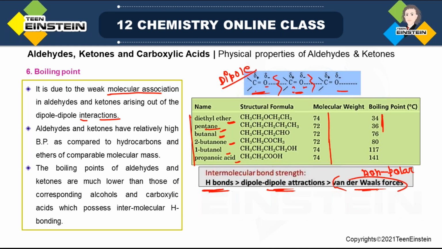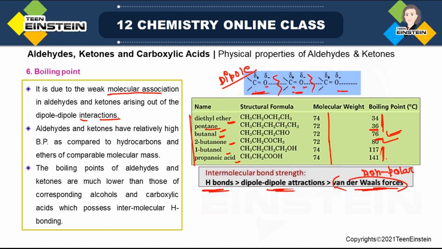As it is very weak, to break this force you don't have to provide much energy, so the boiling point is very low. Then for aldehyde and ketone, now the value is almost double, right? 76, 80. That means now you have to break dipole-dipole attraction, not van der Waals. So you have to provide more.